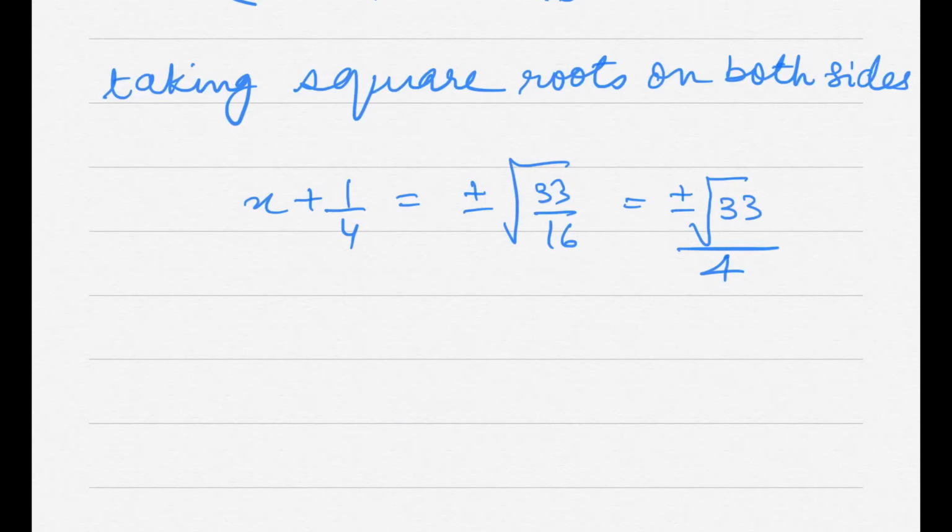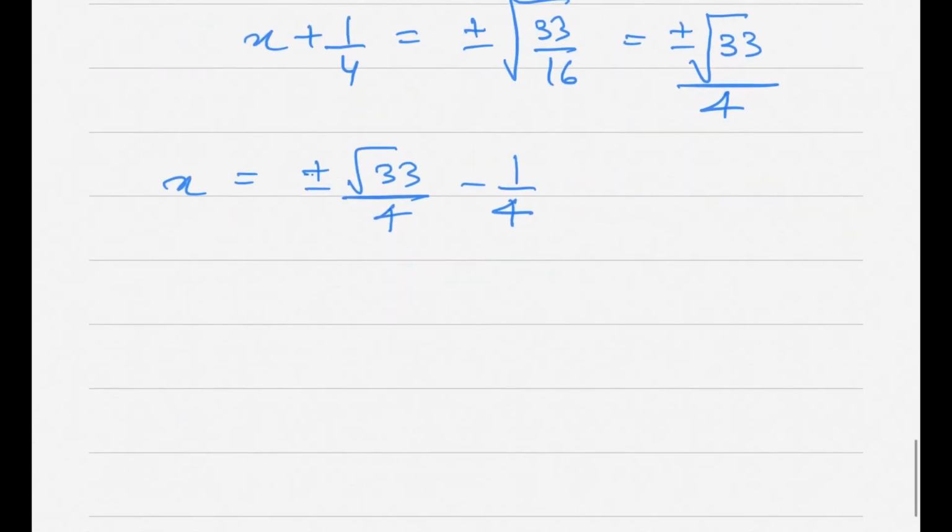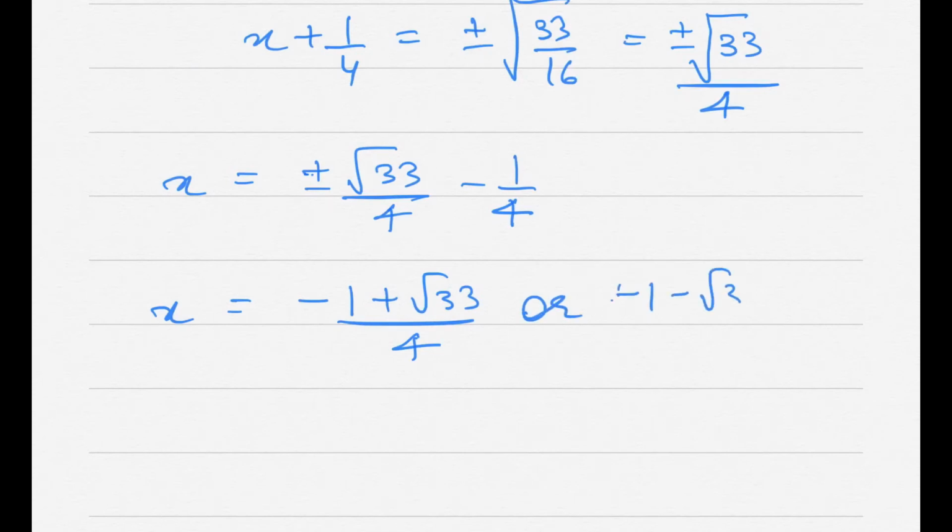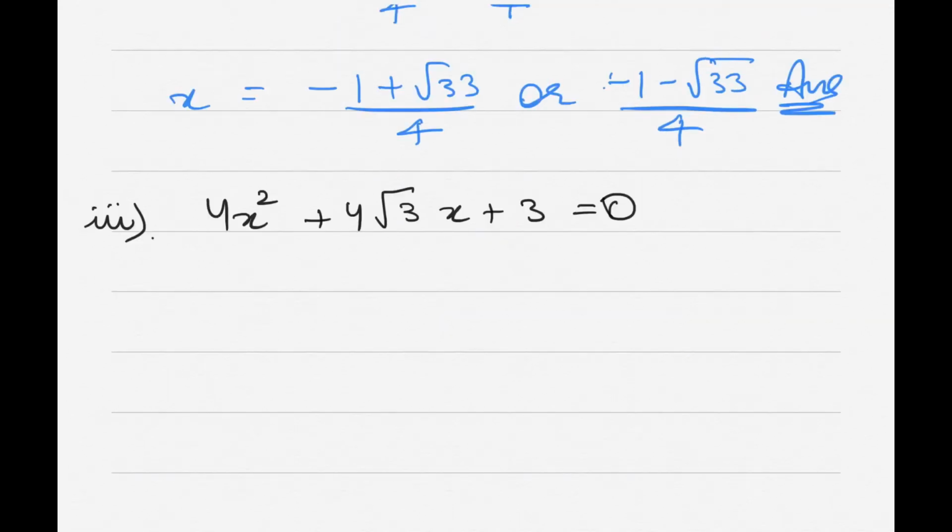Now I have x is equal to plus minus root 33 by 4 minus 1 by 4, right? Because the LCM is the same, I can have x as minus 1 plus root 33 by 4, or I can have x as minus 1 minus root 33 by 4, right? So these are my two values of x. So this is my answer.